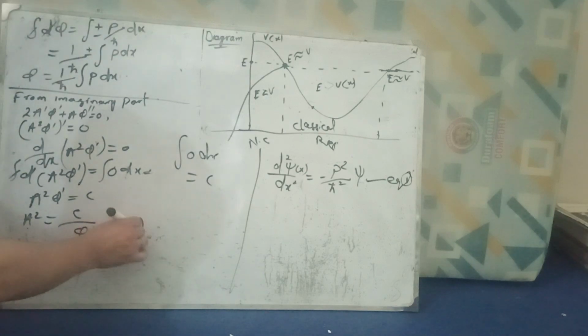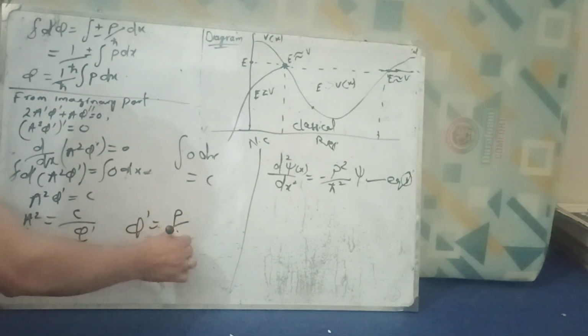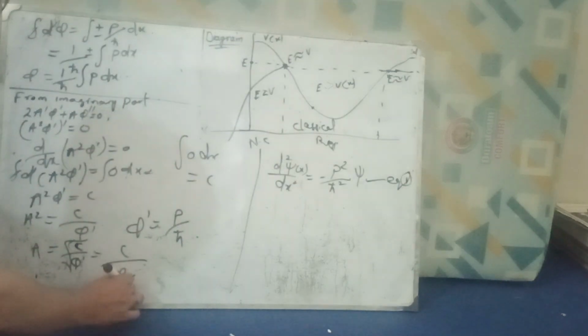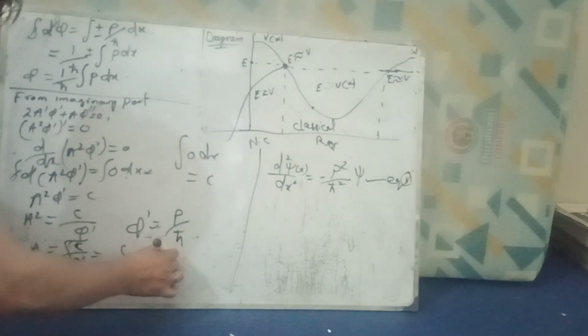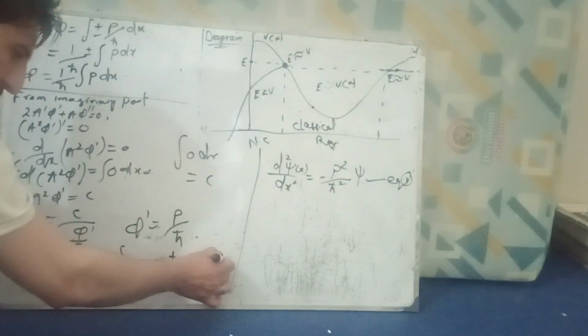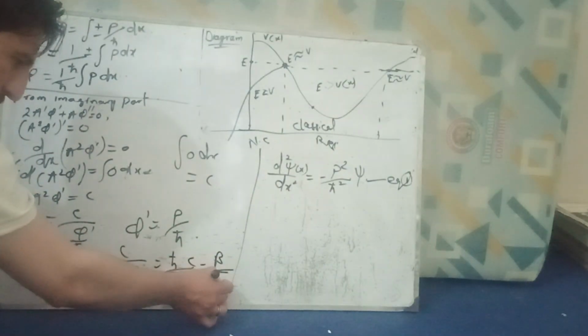And we know that phi prime is equal to p by h cut. So we can put c divided by p by h cut, square root. This will be h cut divided by p, square root, into c. H cut c we can replace with another constant b divided by square root p.